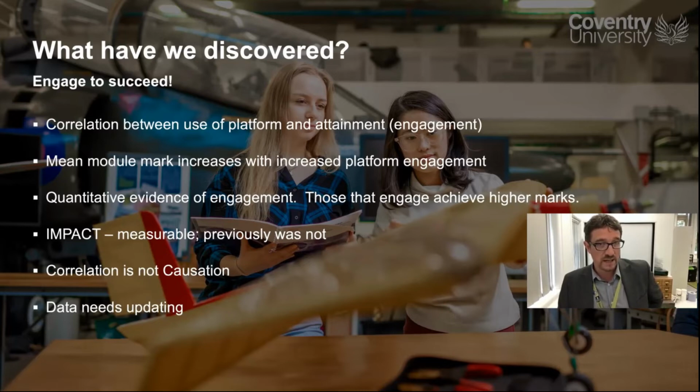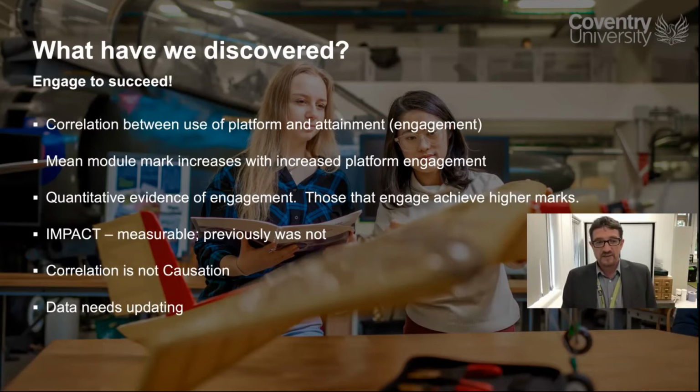I suppose really we can say that there is a correlation between use of the platform and attainment statistically, and engagement equals success. So we can see that the difference in engagement does correlate with an improved performance academically.